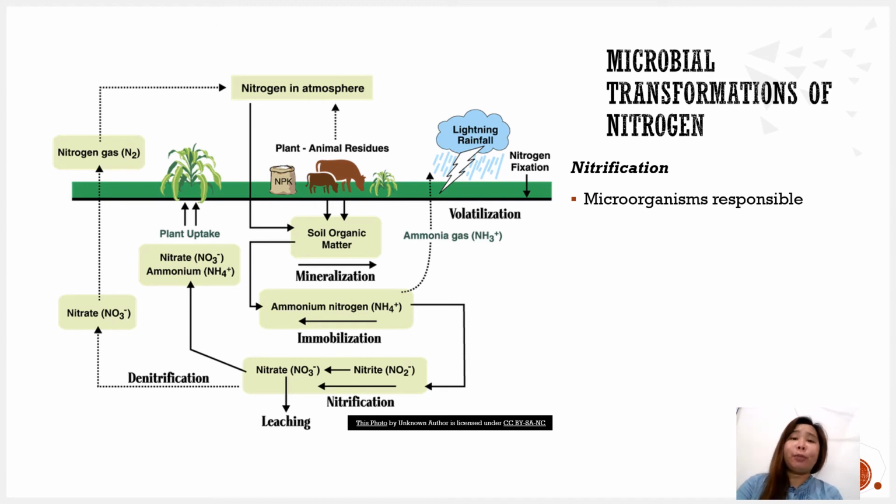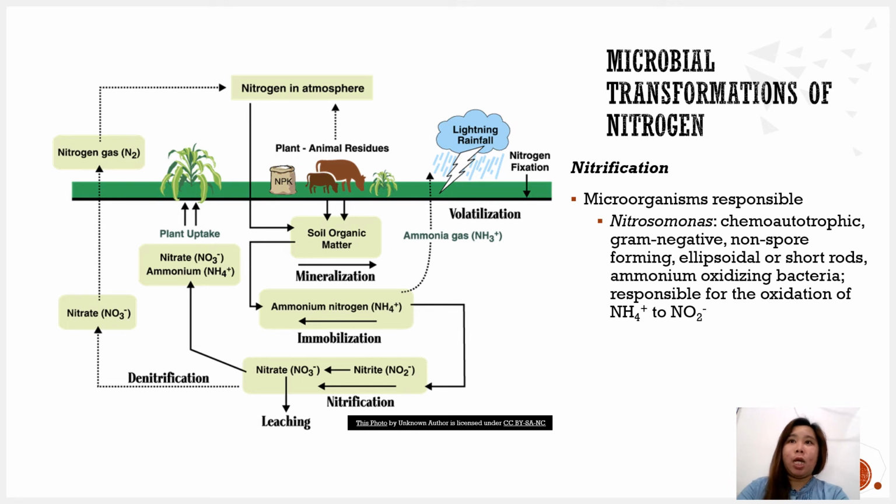The microorganism responsible for the nitrification process is Nitrosomonas. Nitrosomonas are chemoautotrophic, gram-negative, non-spore-forming, ellipsoidal or short rods, ammonium-oxidizing bacteria, and they are responsible for the oxidation of ammonium to nitrite or NO2 minus.